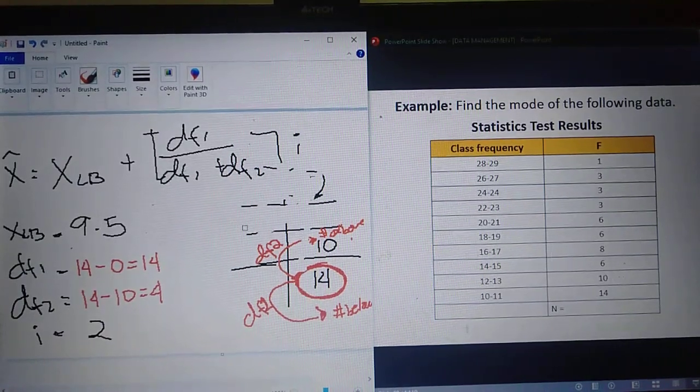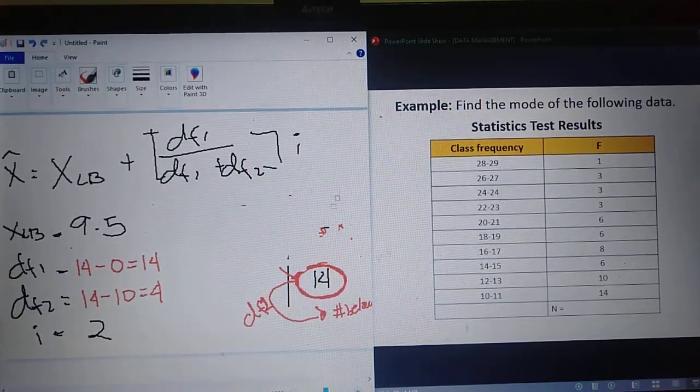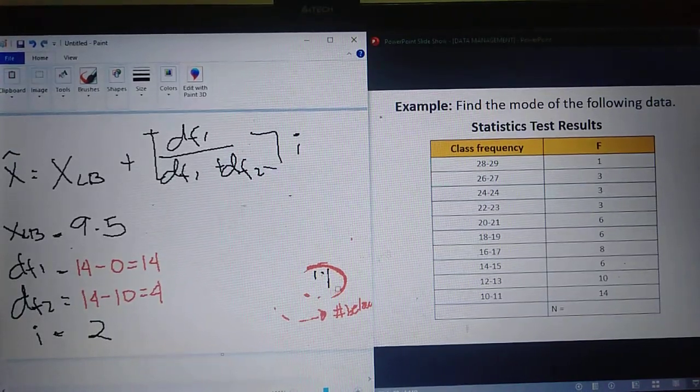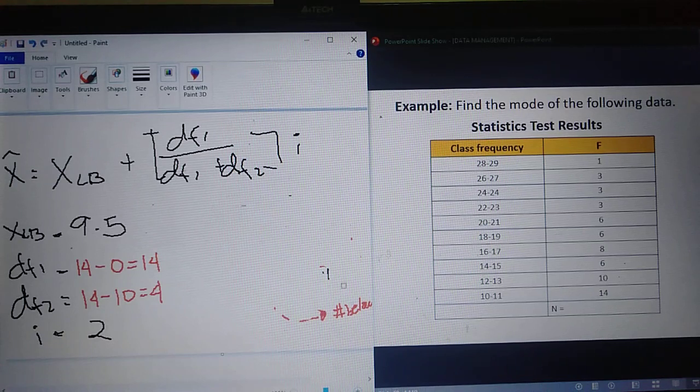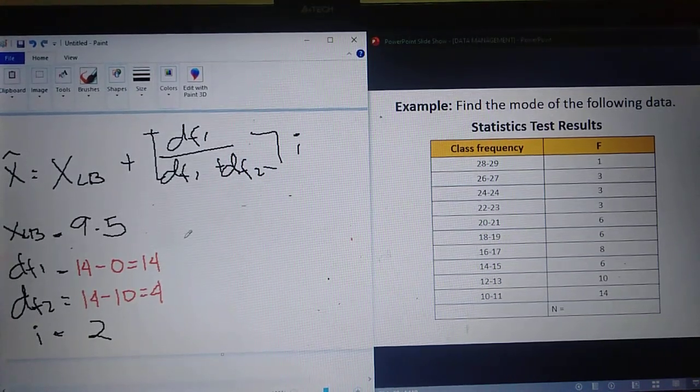So, solve na natin. Let's solve using the information na nahanap natin.